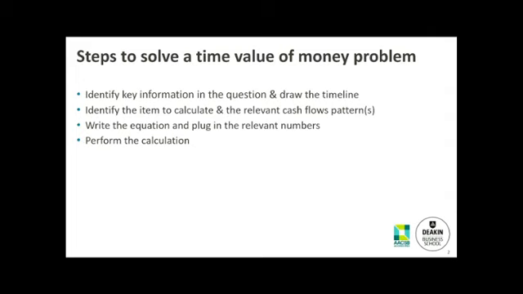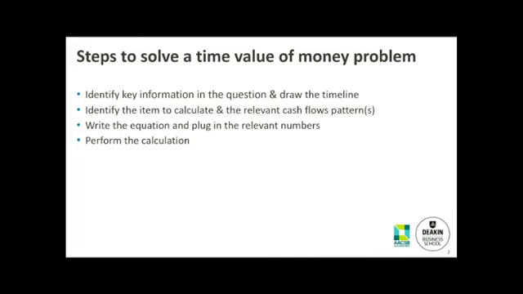Second, identify the item to calculate and the relevant cash flow pattern. What is the question asking for? And what is the pattern of the cash flow? Is it a mixed cash flow stream or is it an annuity? Third, write down the equation.